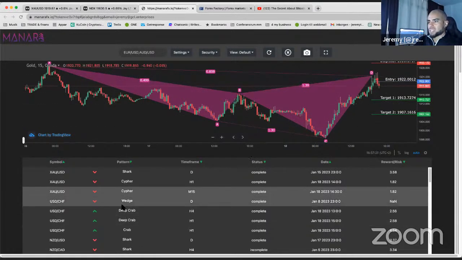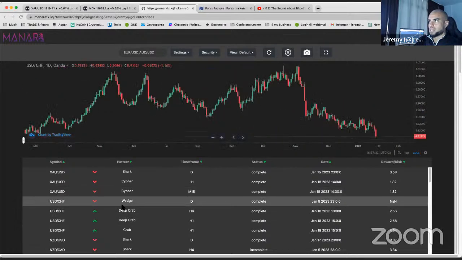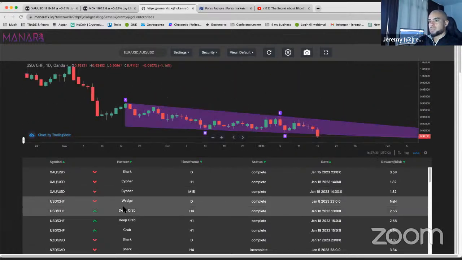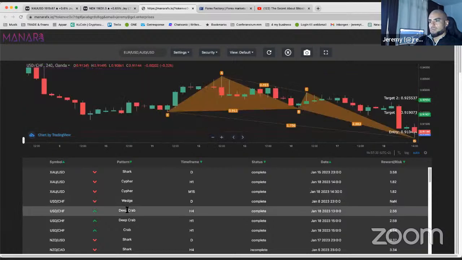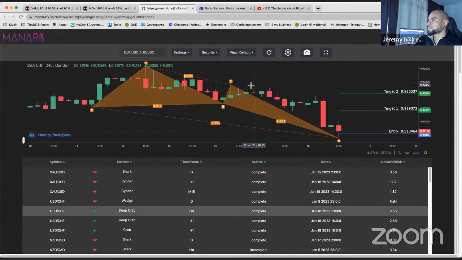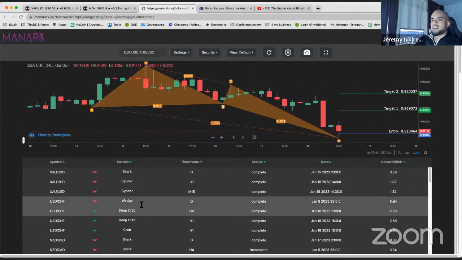But let's see if we got something that we can jump into now on the other currency pairs. We have a deep crab activated here at USD Schweiz francs. Do we like this one?